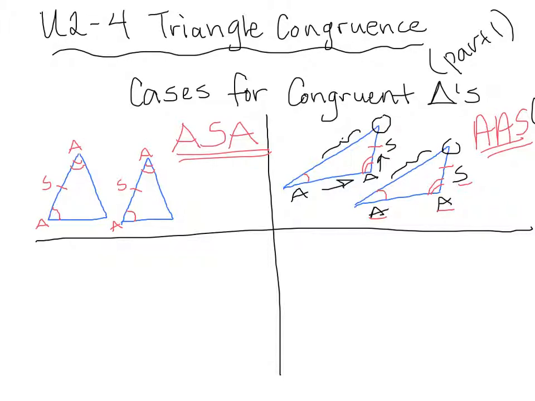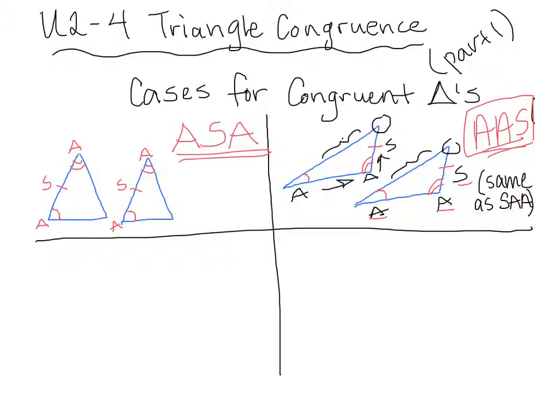But typically, we'll always do a final labeling as angle, angle, side. So this is the same as side, angle, angle. So if you know those 3 pieces of information in order, you know the 2 triangles are congruent as well.